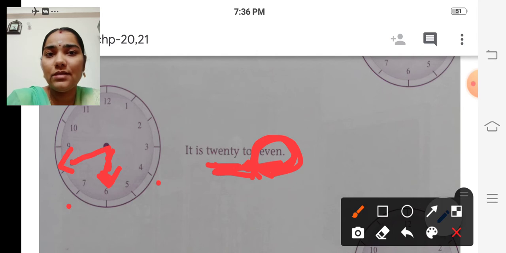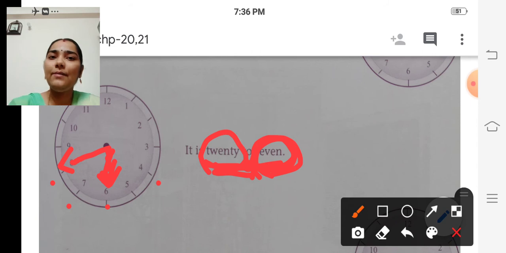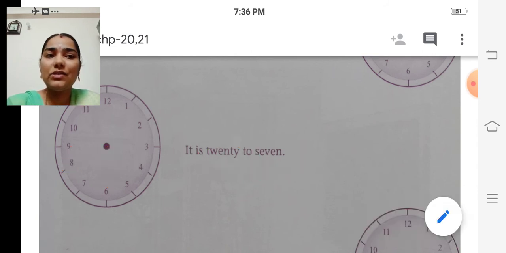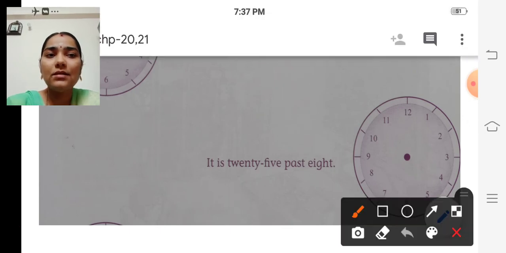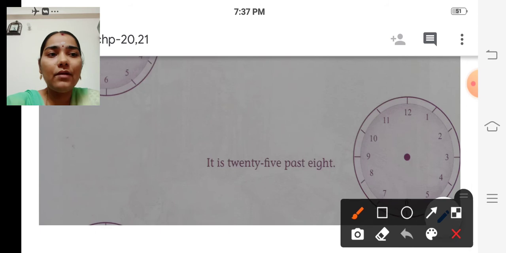So present hour is 6, so the hour hand should be at 6. And 20 means the minute hand should be at 8. Is it clear, children? Yes. So shall we do one more thing? The next one they have given.